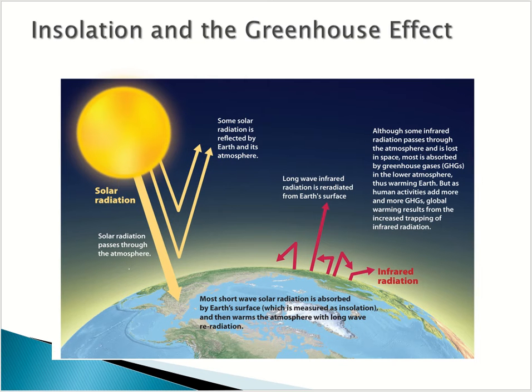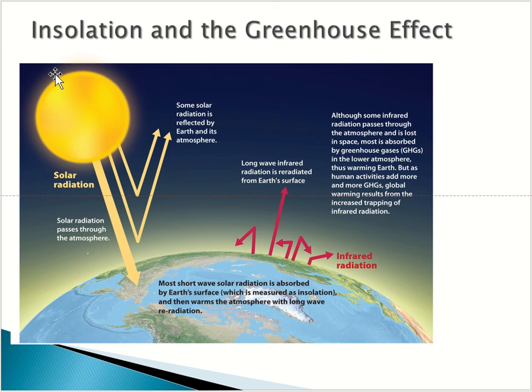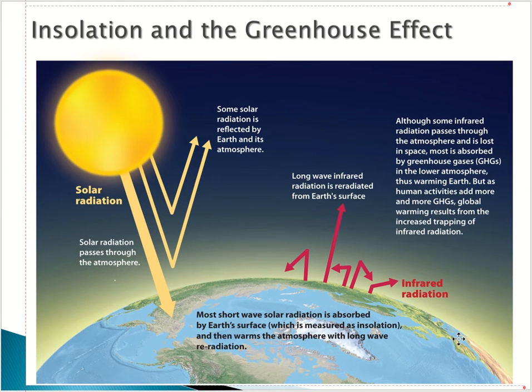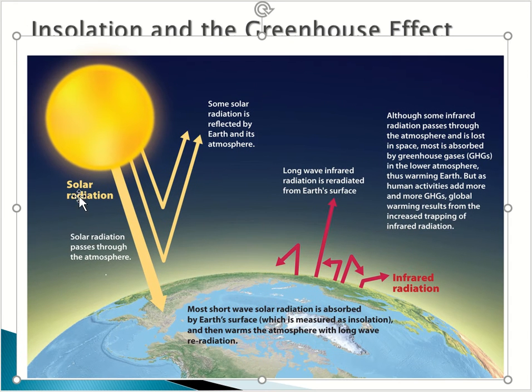When we talk about energy coming from the sun and interacting with matter here on Earth, we call that solar insolation. The solar radiation is a magnitude really based on the temperature of the sun.